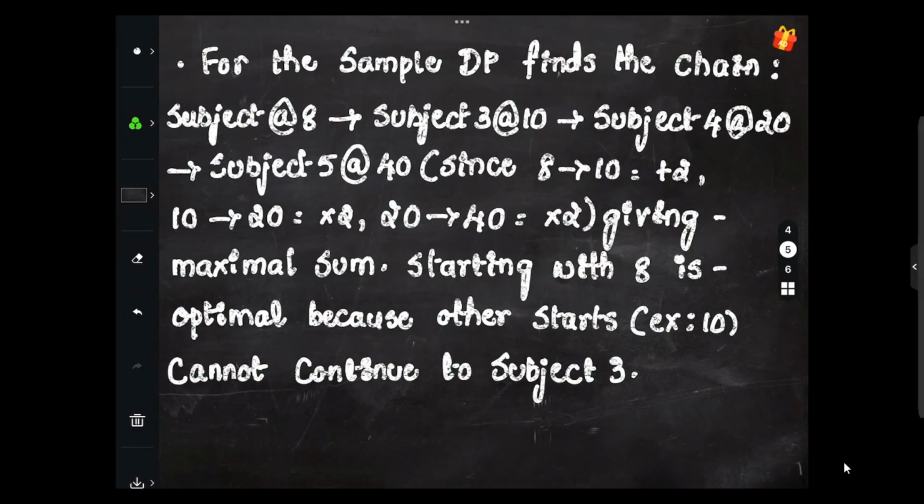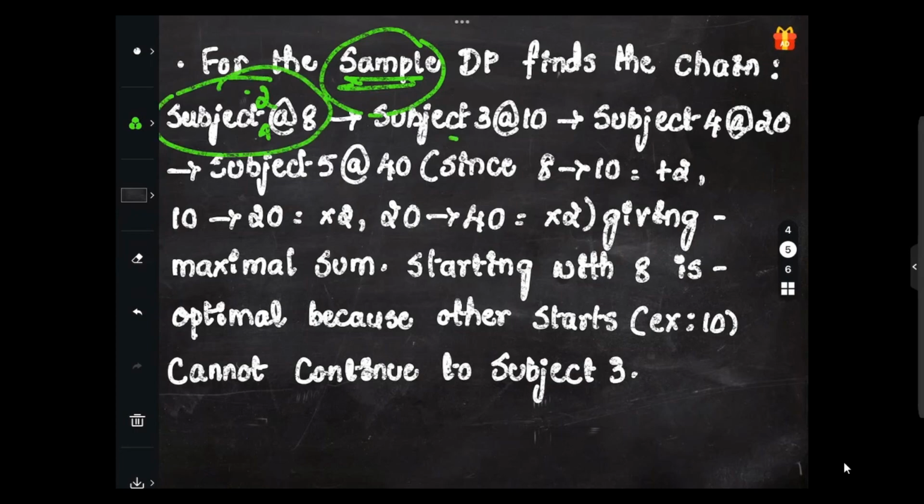Let's move on to the fourth point. For the first sample input, dp finds the chain: subject 2 at 8. I forgot to mention the 2 here.